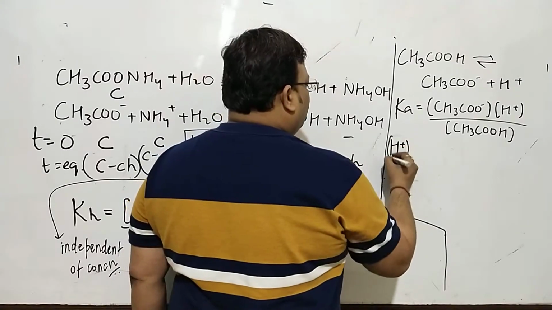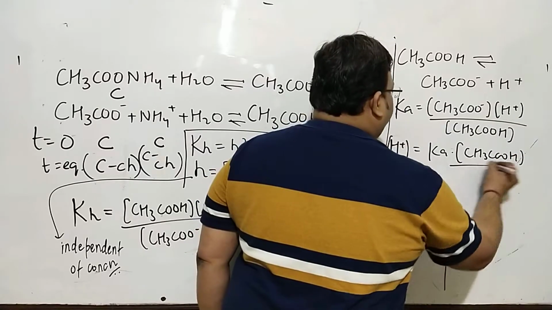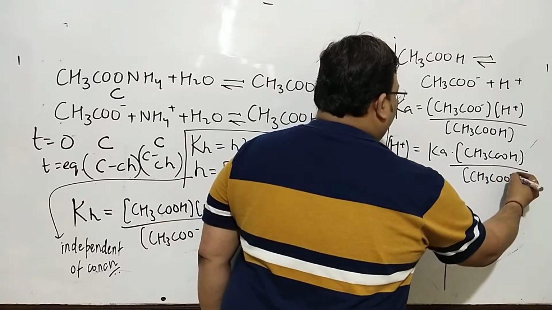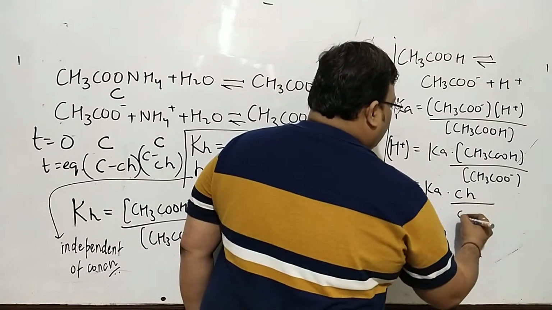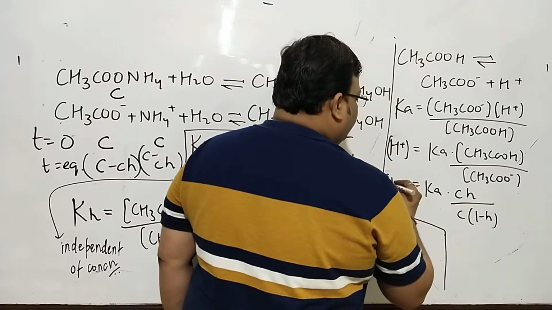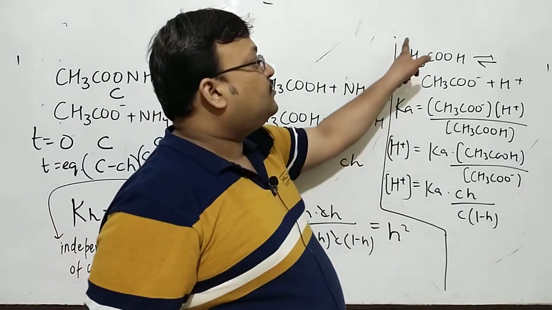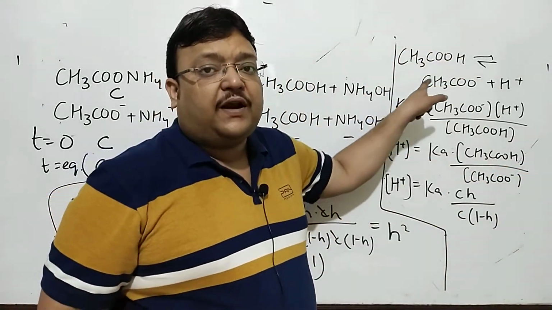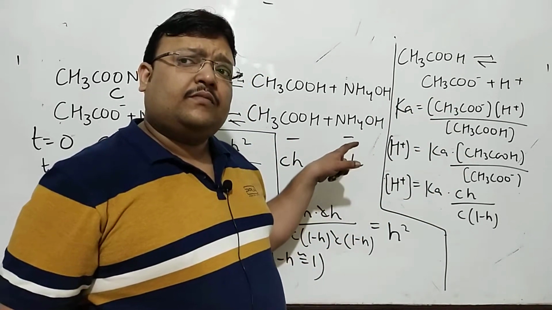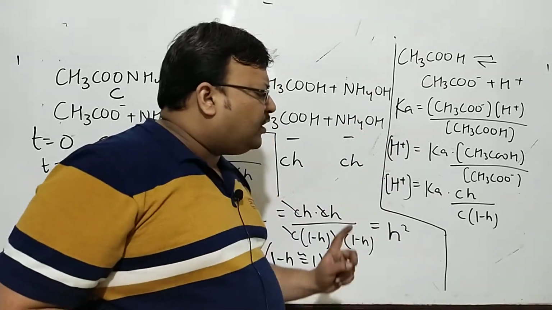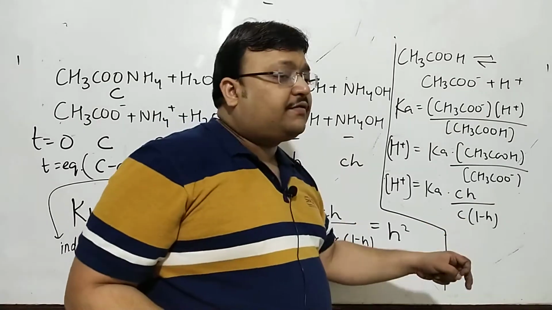Naturally, H plus will look like Ka into acetic acid upon acetate, which is equal to Ka into CH upon C(1 minus h), and you will want to obtain H plus from this equilibrium. Naturally, C will get cancelled.